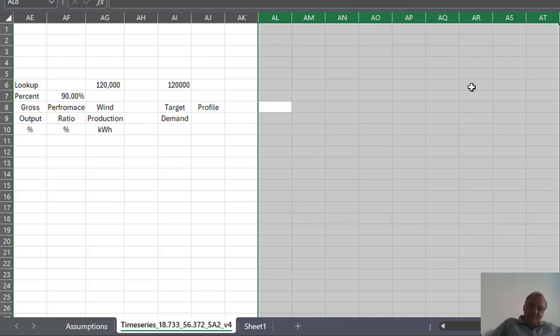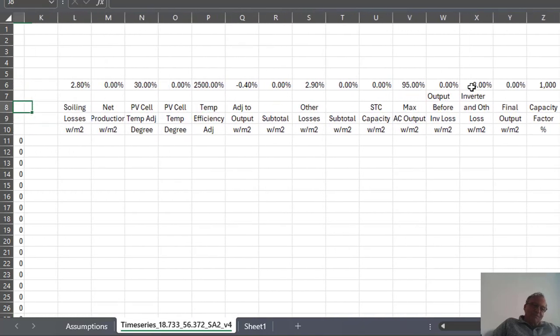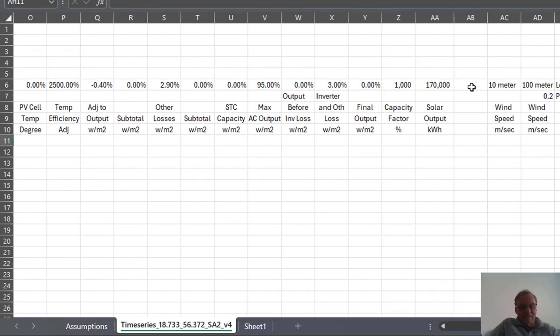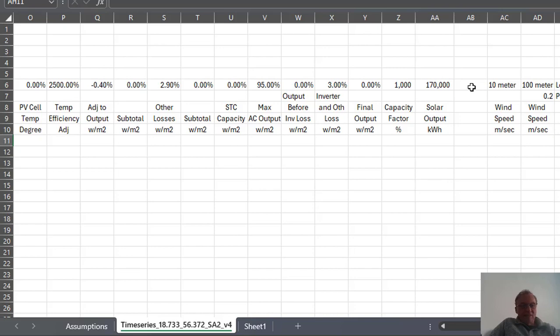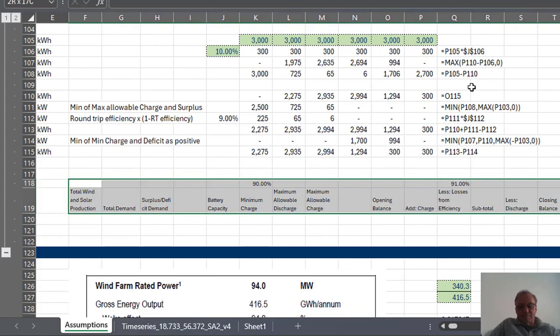I've got a phone call coming up, so I'm not going to belabor you with watching me type. I'm going to fill in some of these numbers, including the battery here.